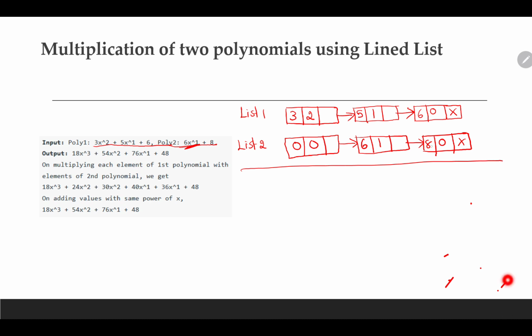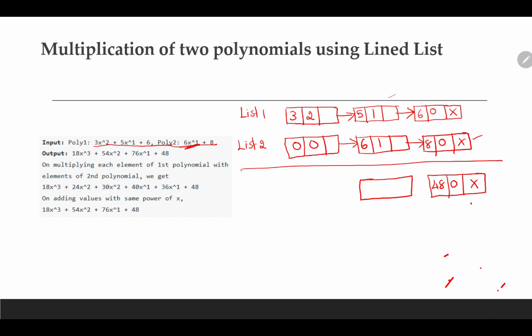First we can multiply this element with all the values. So 6 into 8, what is 6 into 8? 6 into 8 is 48, then here power is 0 and this is null. And next we have to multiply this and this.